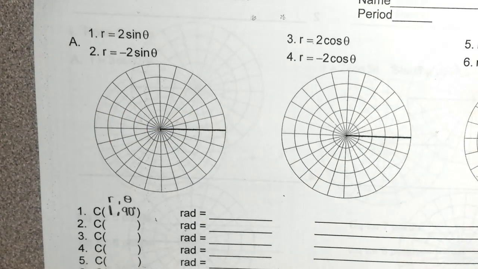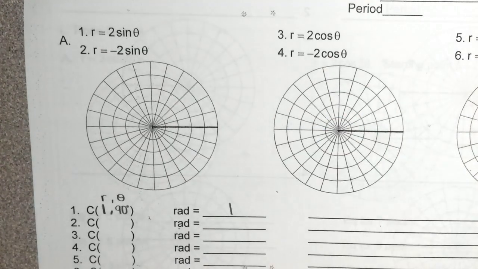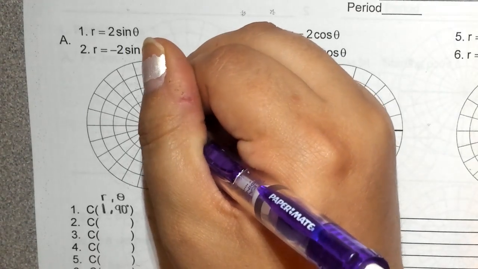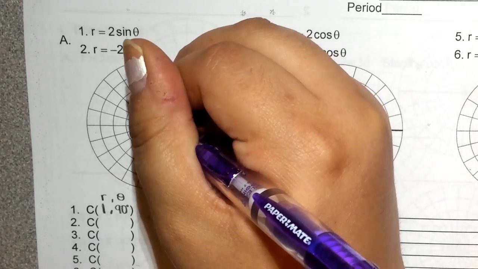What is the radius of this circle? 1. How do we know that's the radius? Because what's the diameter? 2. So the radius is 1. And now I would like you to draw this circle on this right here. Please try your hardest.